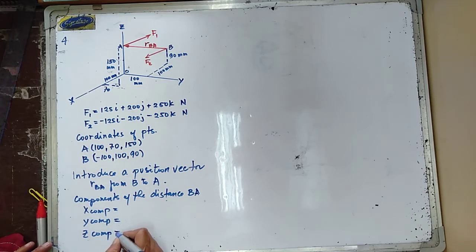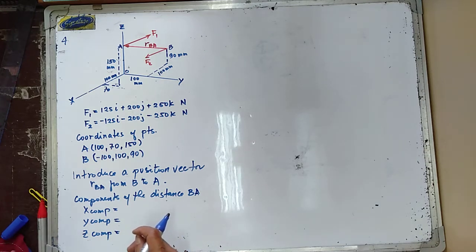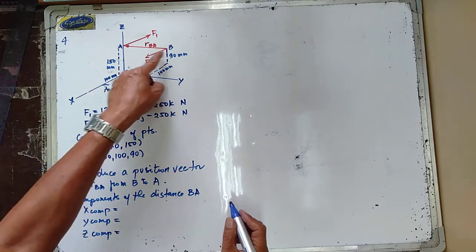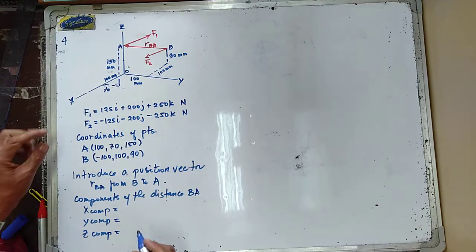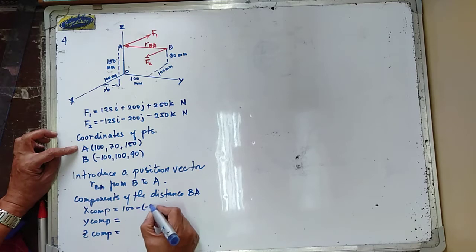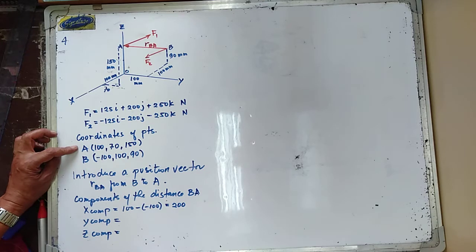Your position vector is directed from point B to point A, so this is equal to A minus B. A is your head, so A minus B. So your A in here is 100 minus negative 100, so that is equal to 200 mm.